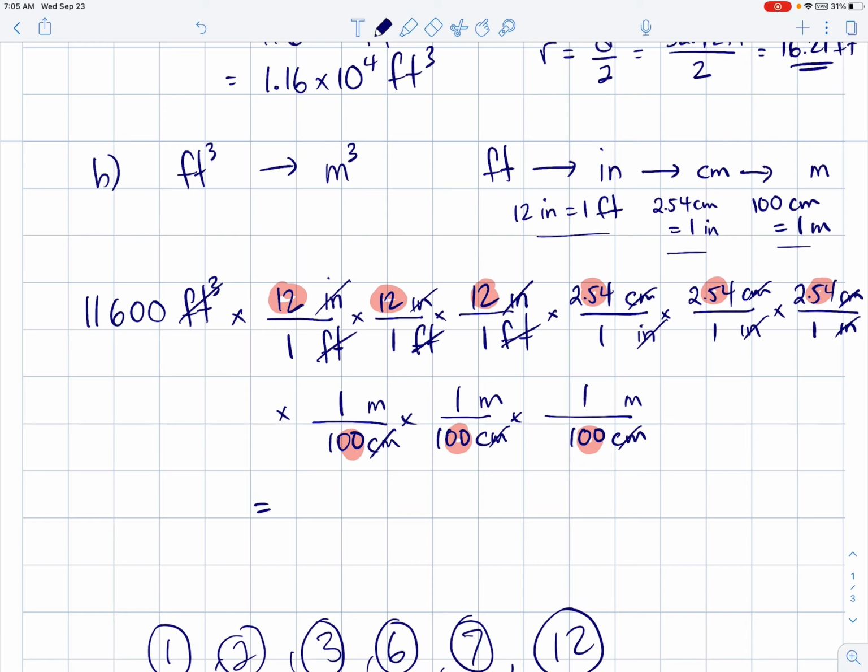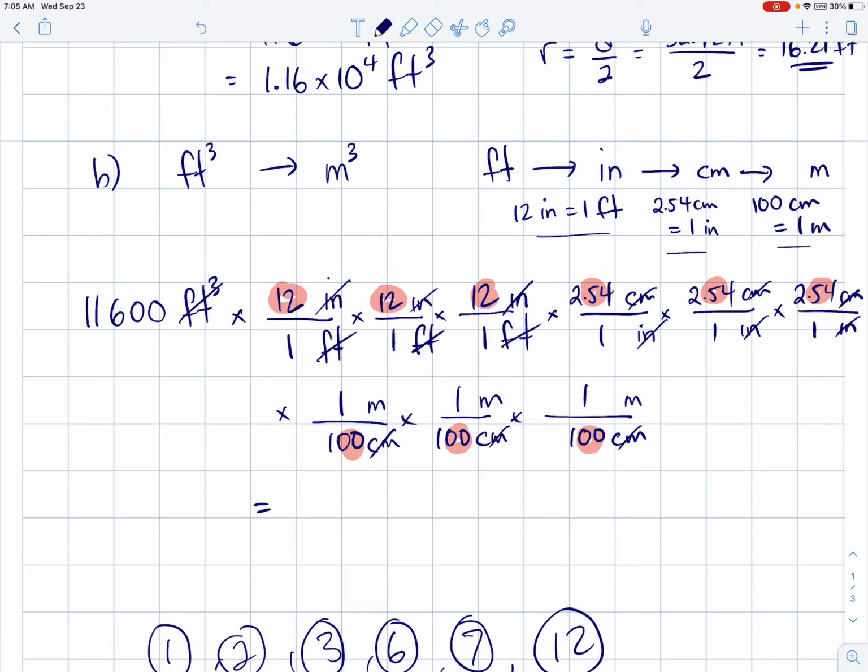And in all of my unit multipliers, you recall, like I stressed, those were exact numbers. So all of the 12s and the 2.54s and the 100s have infinite numbers of significant digits because they're exact. So the only number here which has significant digits that we should round off because of was the 11,600. It has 3 significant digits, so I'm going to keep only 3 digits in my answer.